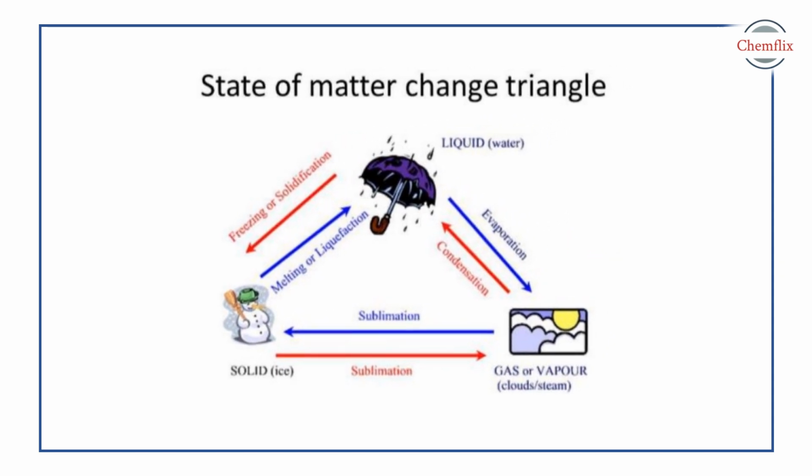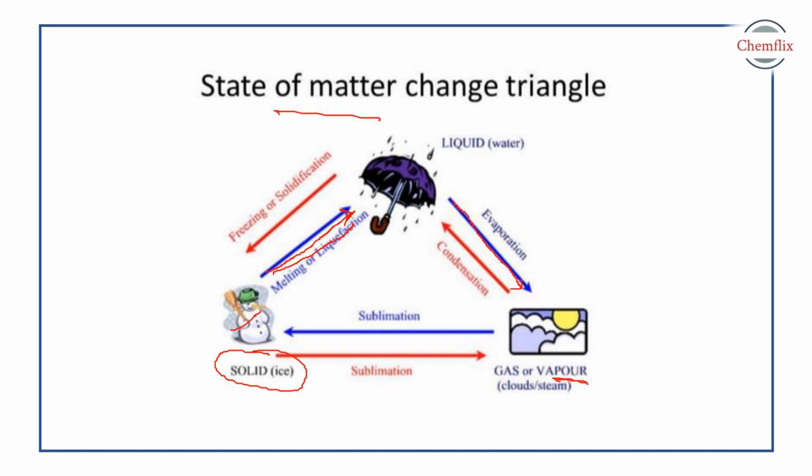So this is a consolidation of what we studied now: the states of matter change triangle. This is our solid ice, and you can see our snowman here. This solid melts, that is melting or liquefaction, to form liquid, that is water, and it gets evaporated to form gas or vapor.